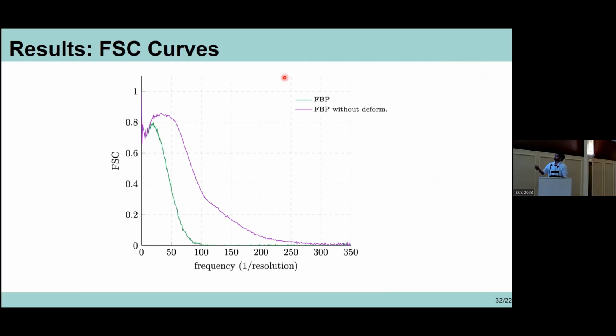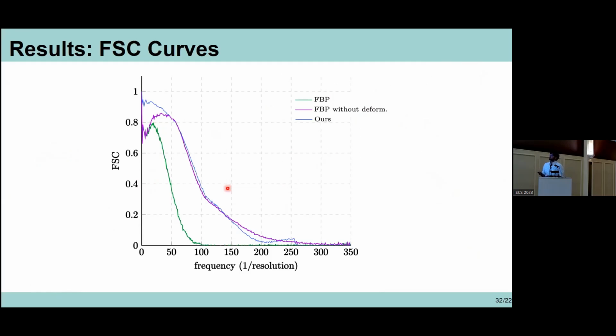And of course, FBP standard is the one which uses projections with deformation, but it doesn't account for any deformation correction terms. As you see, our method comes close or even beats FBP at certain points in terms of reconstruction in the Fourier space.